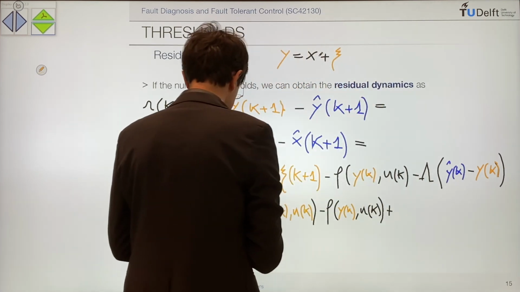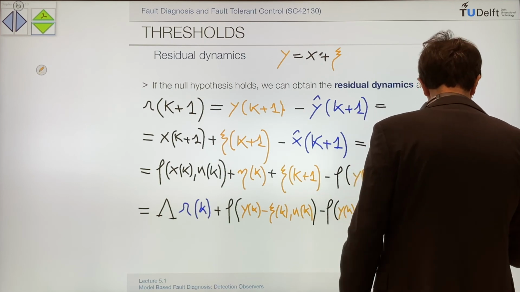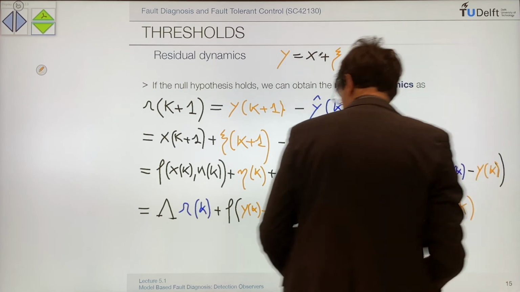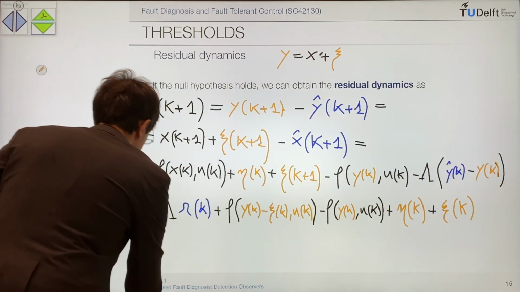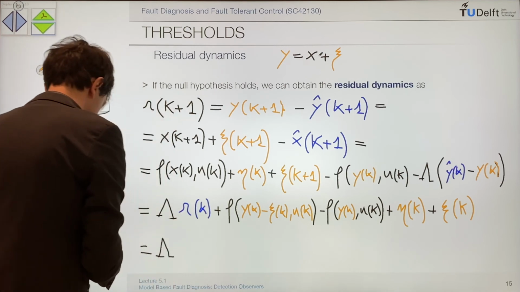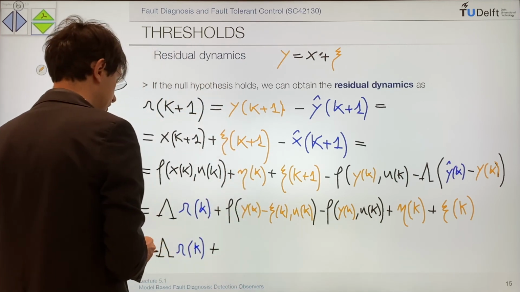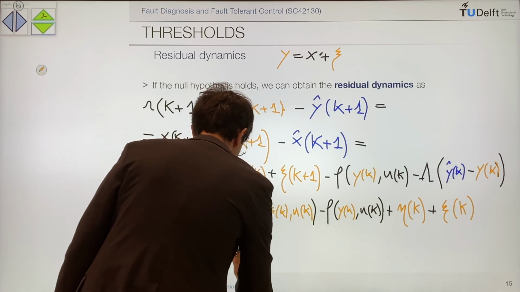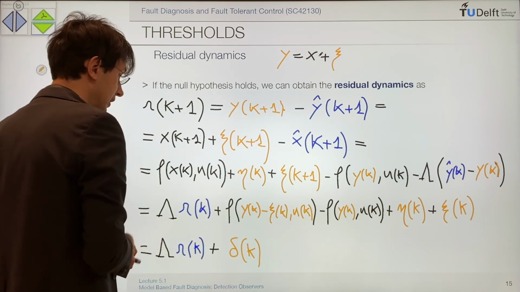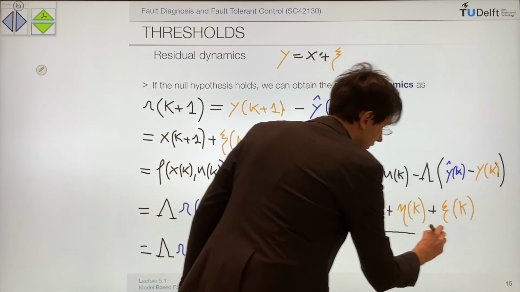So plus eta at time k plus psi at time k. And finally, we can write it as lambda that multiplies r plus a new term that we define now, delta of time k, where this delta is all these terms together.